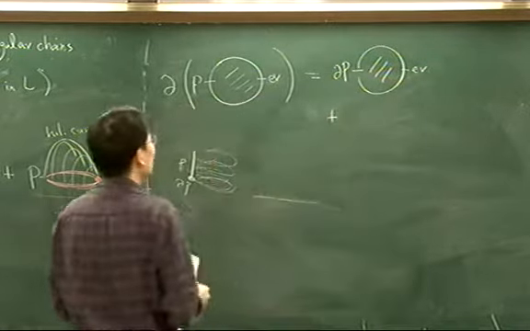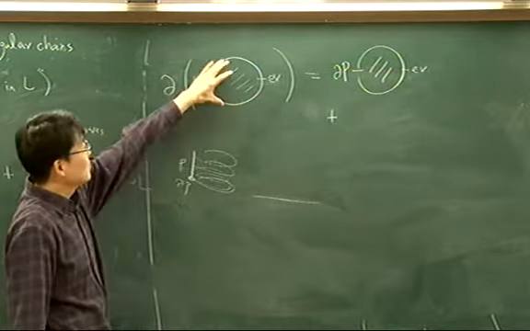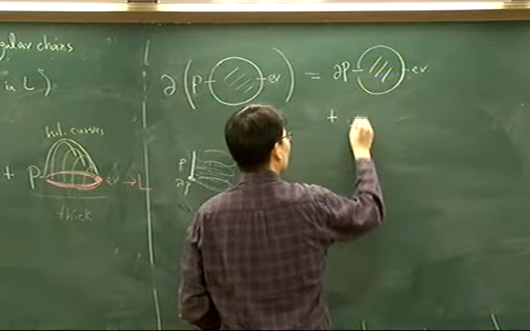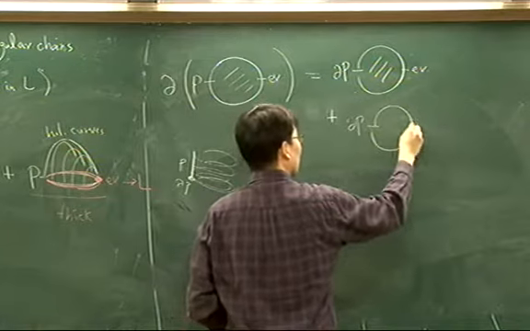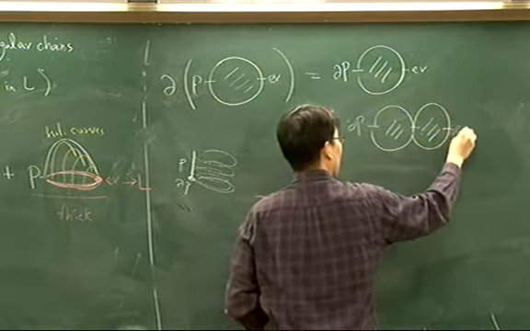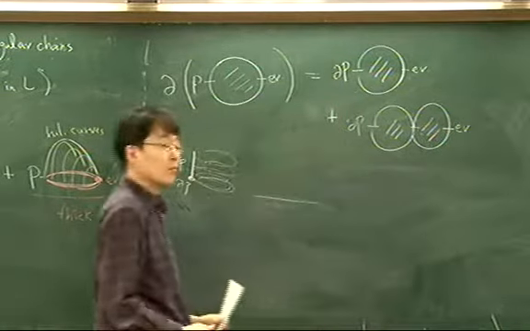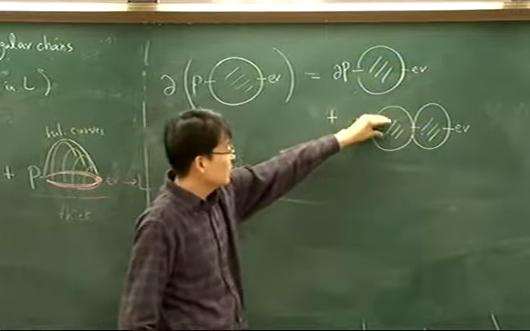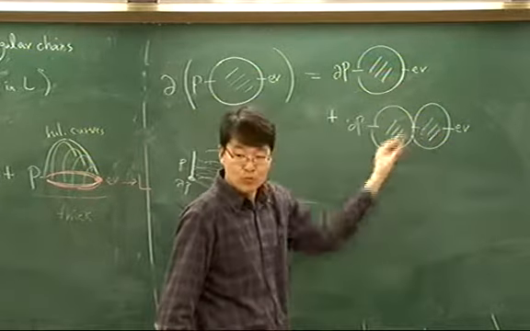Plus, now by Gromov compactness, this disk might split into two. So boundary P. So that would be good behavior, like strips splitting into two parts.